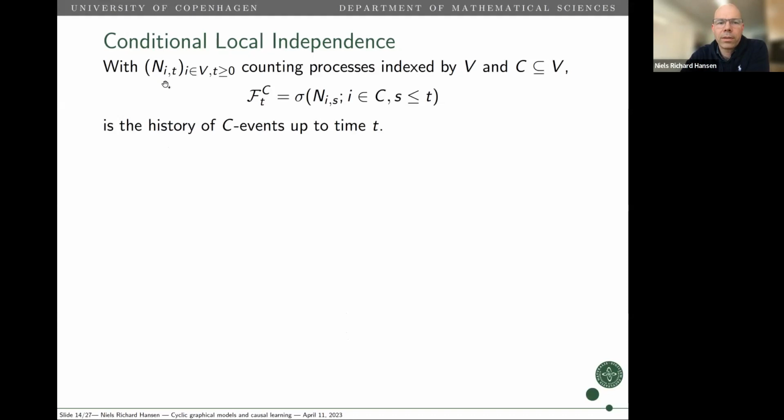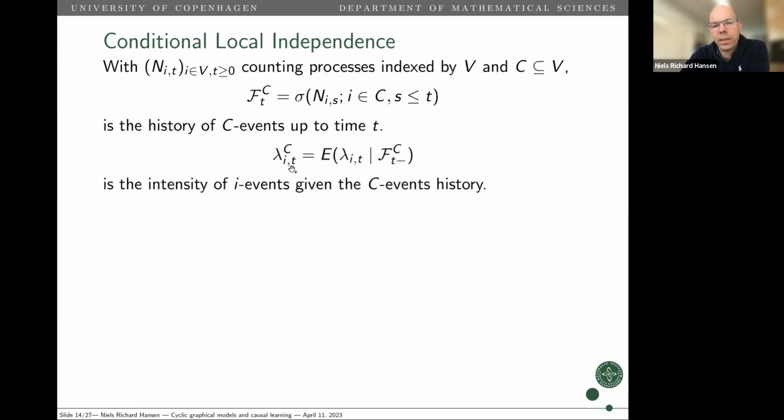We look at a multivariate counting process with the coordinates of the process indexed by V, over time. If we have a subset C of the coordinates, we look at the filtration of sigma algebras generated only by the processes corresponding to C up to a given time point t. This is the history of the C events up to time point t.